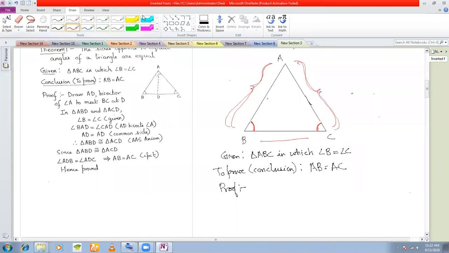So our next construction is going to be from A, we will draw a bisector, just as we had done in the previous problem. So let me just erase all these marks first. Okay. So once we have drawn the bisector, these two green angles are equal.